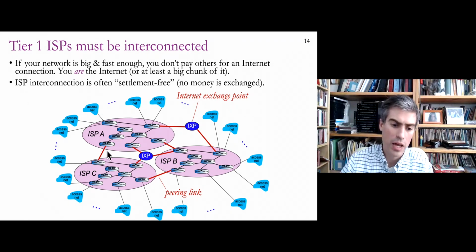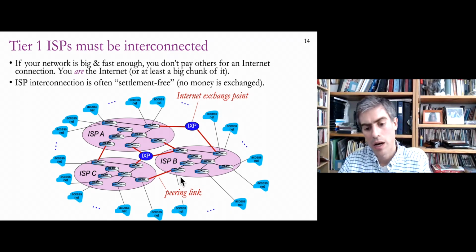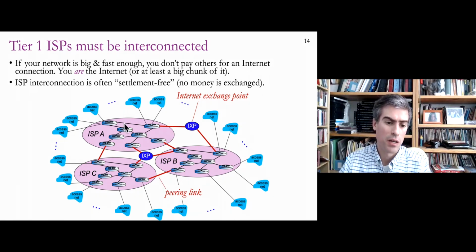So these red links are peering links. So these different internets, Tier 1 ISPs, they're called. A Tier 1 ISP is an internet service provider that connects access networks or connects other internet service providers, that has huge networks that span countries or continents or around the world.